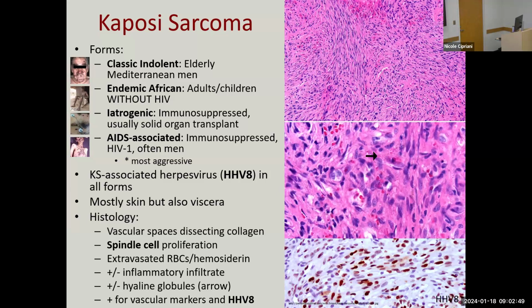What may help you, but what may not help you, is: does this patient have an immunocompromised state like AIDS? Do they have an immunosuppressed state like organ transplant, right? Because this is a similar immunosuppressed state. Are they of an endemic African population that doesn't have an immunosuppressed state? Or are they these elderly Mediterranean dudes that also get this? So those are the four types of clinical variants that we see, but they all look the same, right? So the background doesn't really matter.